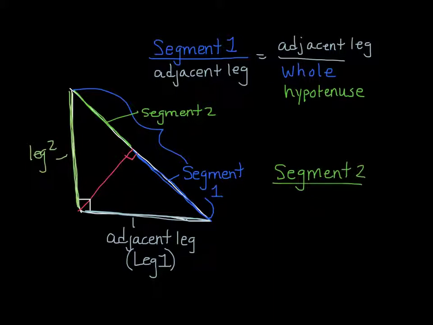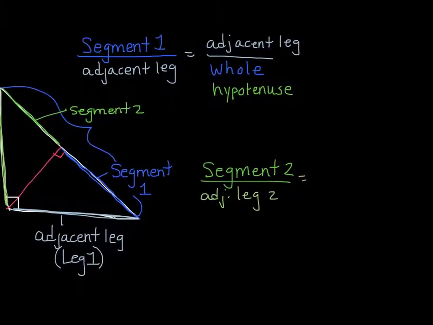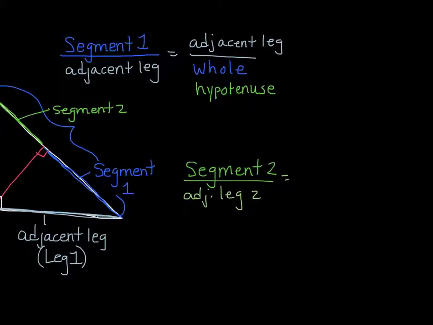Segment 2 is to leg 2 as leg 2, the adjacent leg, is to the whole hypotenuse.